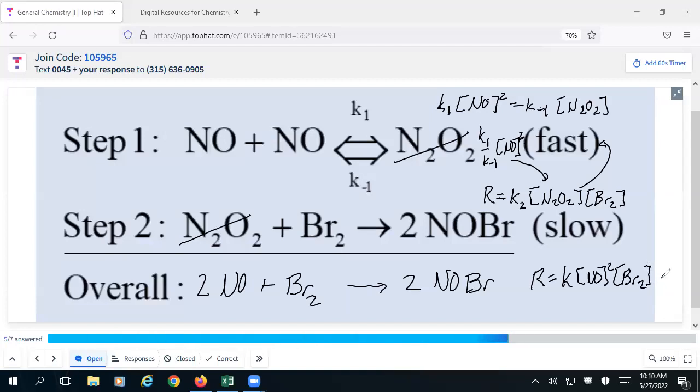Now, I'm going to let you in on a little hint, a little trick, that'll probably save you a good bit of time in algebraic angst. If you are encountering a situation like this, where you have an intermediate that is formed in the step immediately above it, if that intermediate is the only product in that reversible reaction, you can just merge the two together.